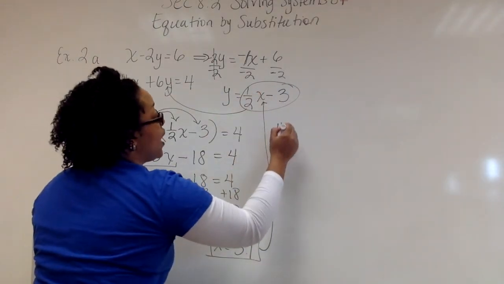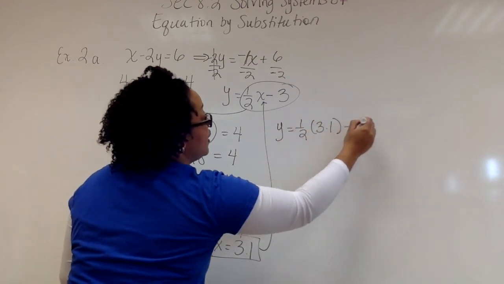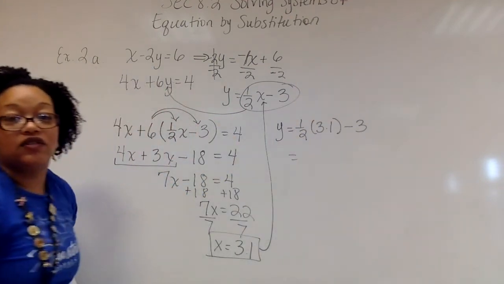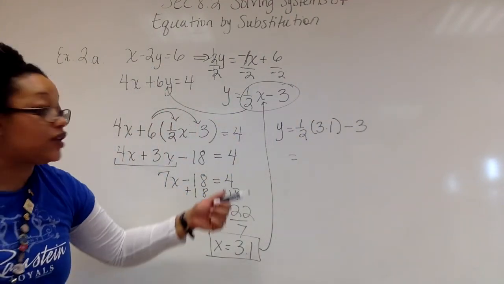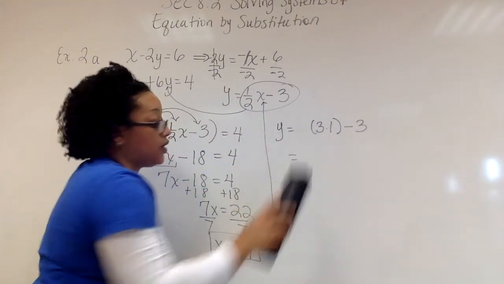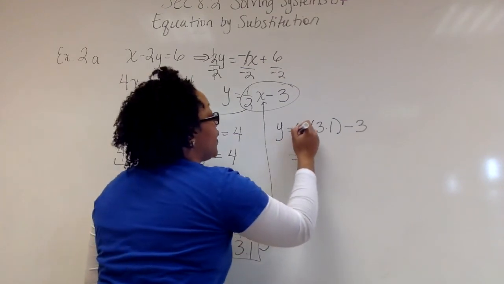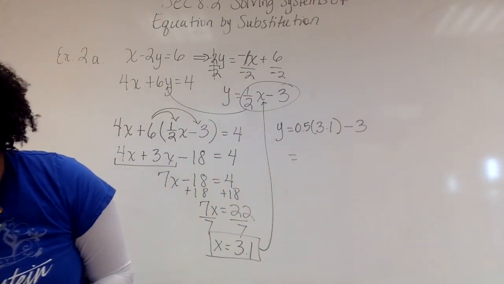So that gives me y equals 1/2 times 3.1 minus 3. Grab your calculators again. 3.1. And you can make the 1/2 into a decimal. So I'll go ahead and put that there if some of y'all want to. 0.5. You guys cannot be afraid of decimals and fractions anymore. They're not going anywhere.